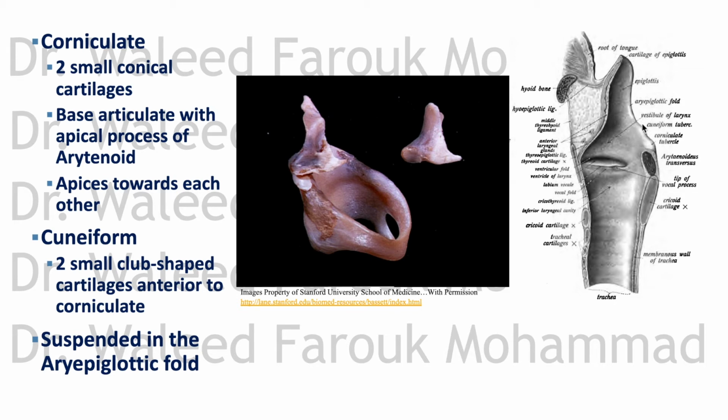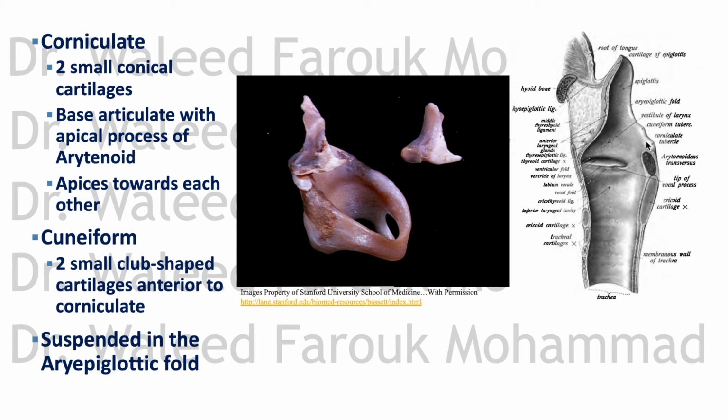The epiglottic fold between the epiglottis and the arytenoid encloses these two fine cartilages, see? The one articulating with the arytenoid is called the corniculate cartilage, and the other one is the cuneiform cartilage in front of it. They are both covered by the mucosal folds. The mucosal fold, which is the epiglottic fold.